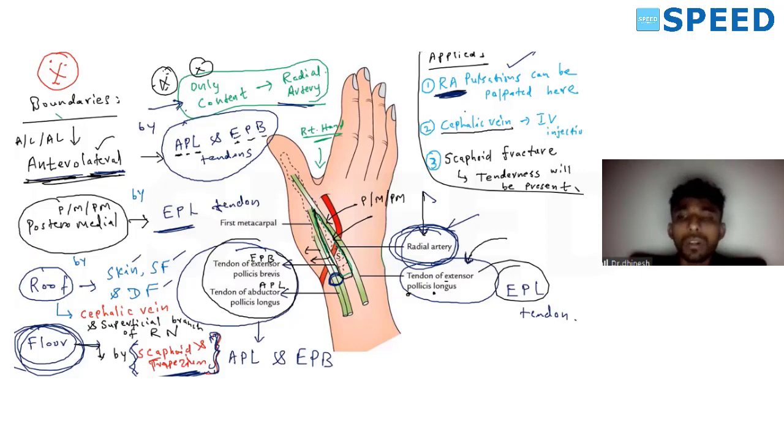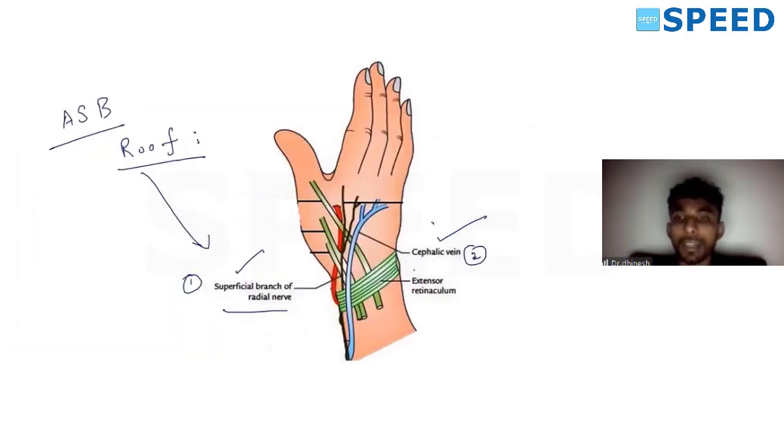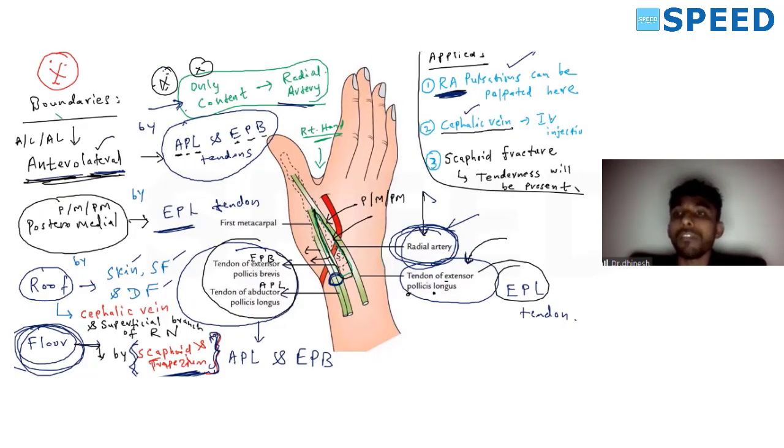Then, in the roof of the anatomical snuff box, we have one vein, namely the cephalic vein. So the cephalic vein can be used for intravenous injection. And the scaphoid and trapezium, both carpal bones, form the floor of the anatomical snuff box.